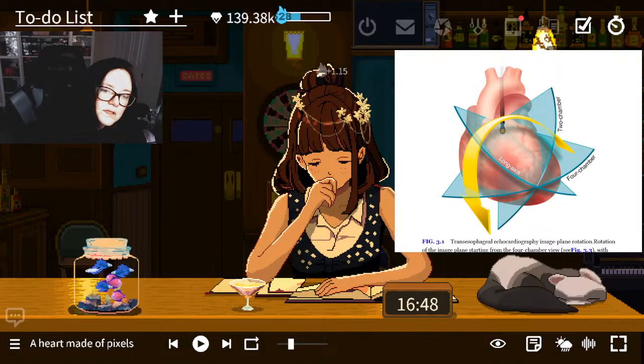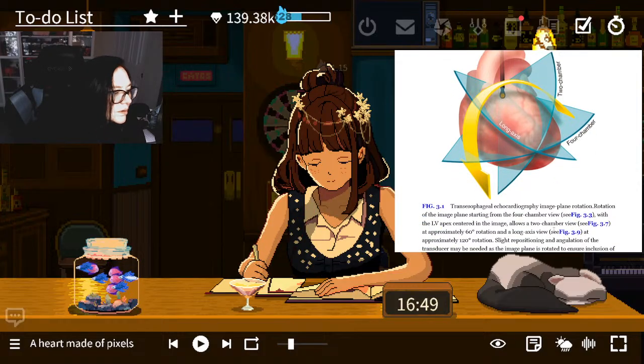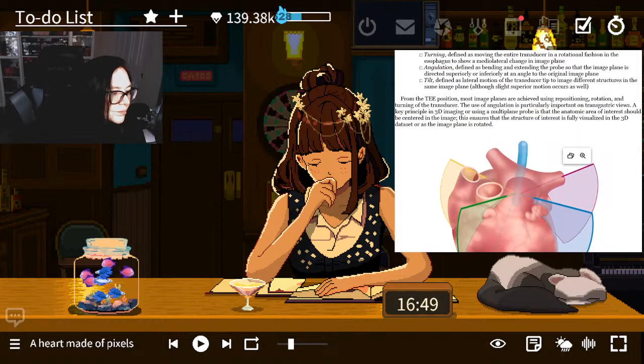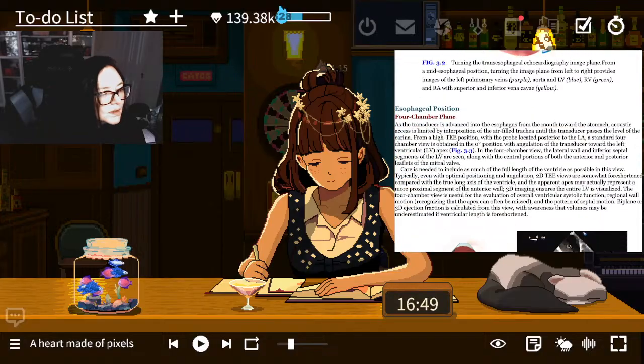And this says it is at 45. I think that's bubbles.